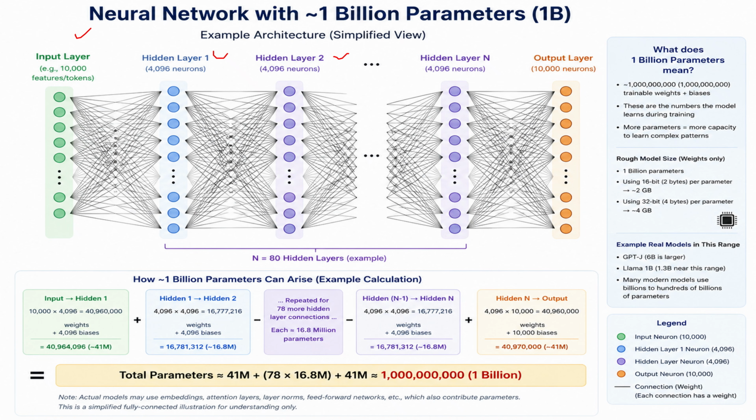On layer 2, again 4096, and then layer n, that is again 4096, and then the output layer with 10,000 neurons. The total number of hidden layers n is equal to 80. If you calculate all the biases and the weights for each connection, then you are going to reach this value.